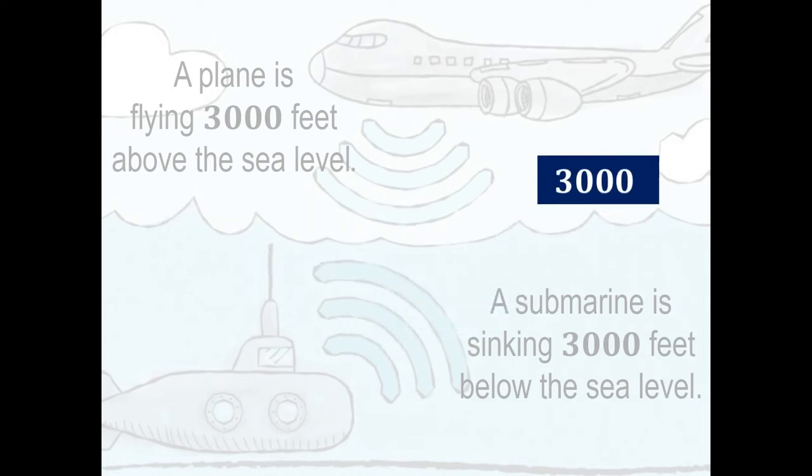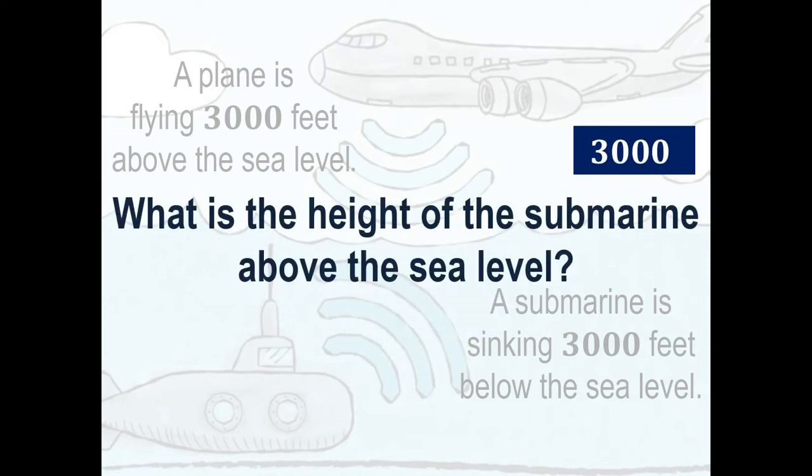But what if I ask the height of the submarine above the sea level? So what will you answer? You will get confused here because I am asking about the height above the sea level and the submarine is below the sea level. You have to write negative 3000.